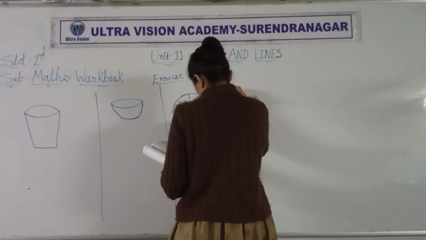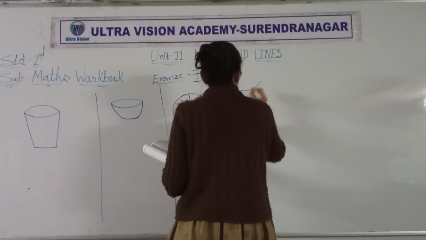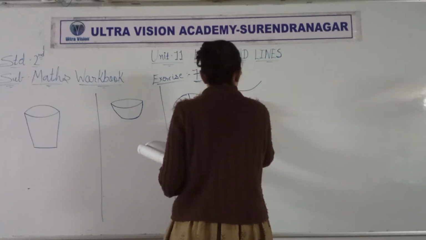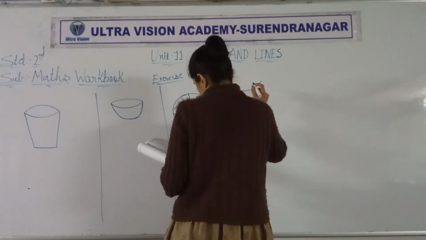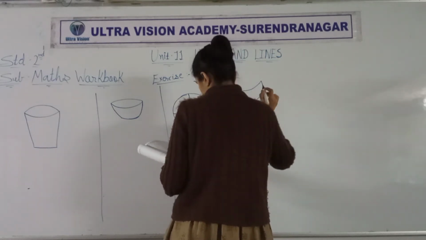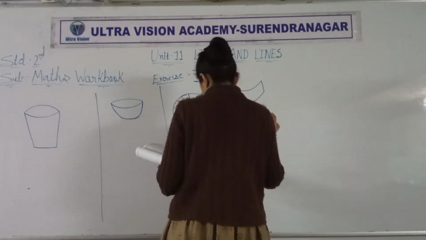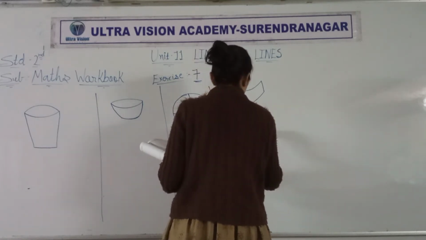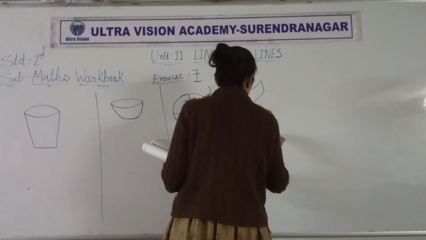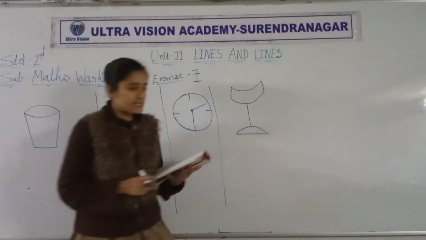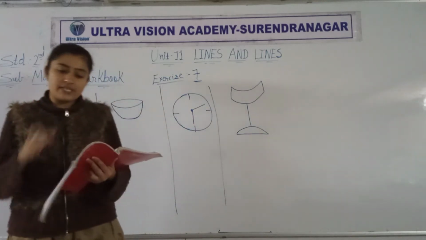First, we have to use here a curved line. Again a curved line. Then we have to use here a slanting line. Then a standing line. Again a curved line. And just we have to use here a sleeping line. And it's completed, right? So we just made it.